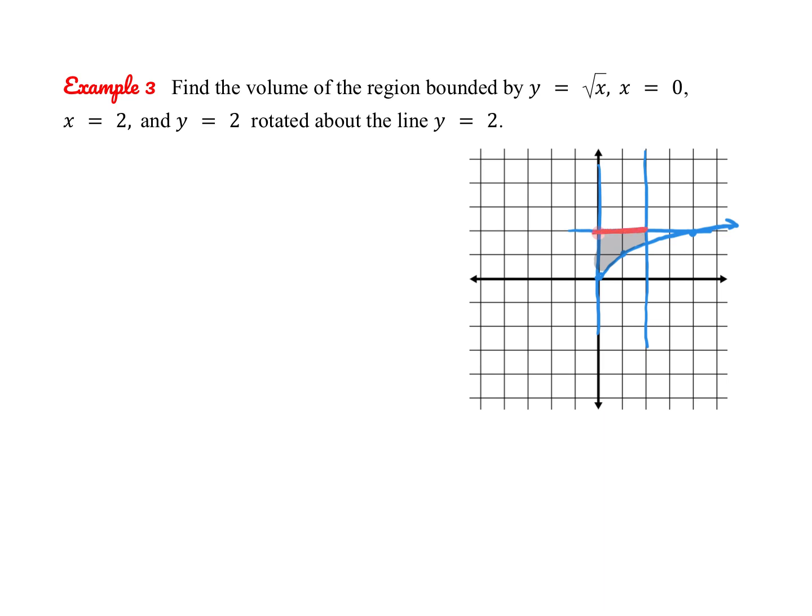So we're rotating it over this line. So it would end up looking kind of something like this. And then we have our vertical discs like this. So that's what our general rotated solid would look like.